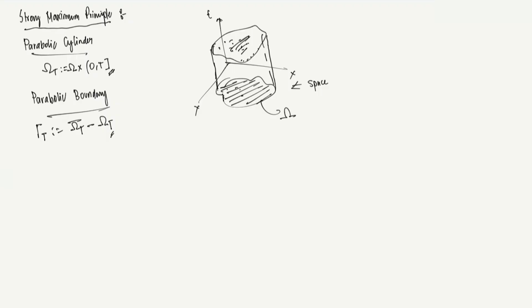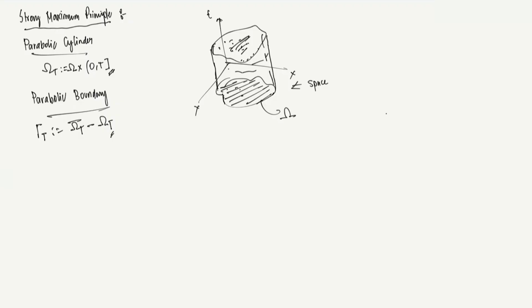It will contain every point on the boundary of omega at t equals 0, and then every other point on the lateral side. You understand? So think of it like a tin. The top part of the tin is not there, and except that, the base part is there and the boundary is there. That's the parabolic boundary.